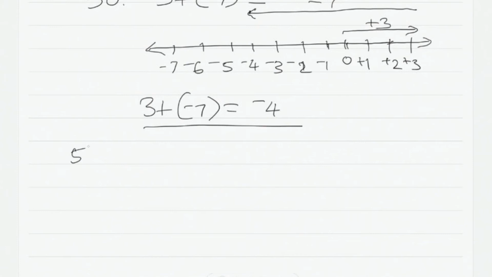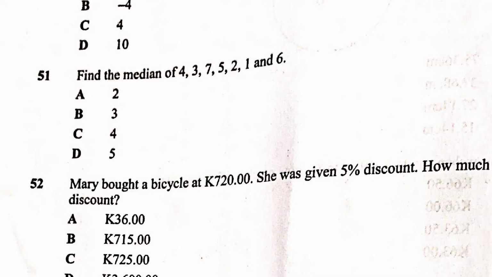So question 51, the median. Find the median of 4, 3, 7, 5, 2, 1, and 6. Before we find the median here, we have to rearrange the numbers so that they are in correct order.